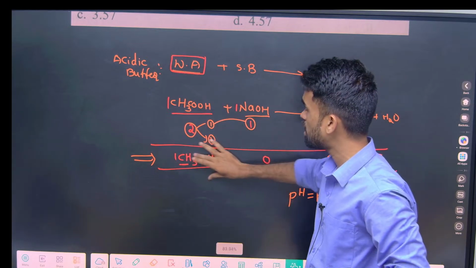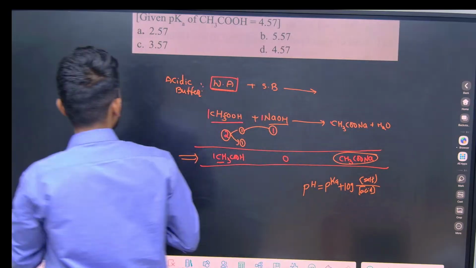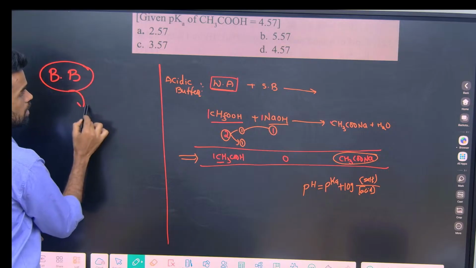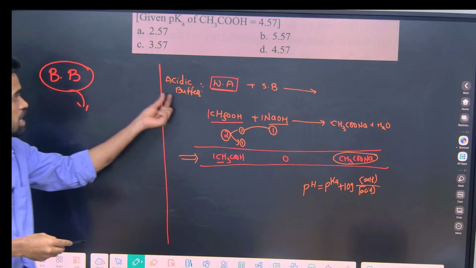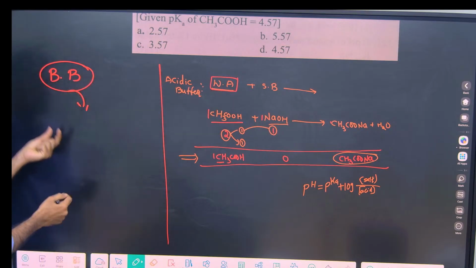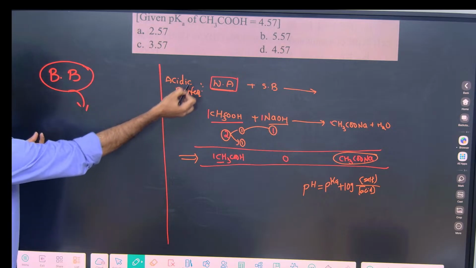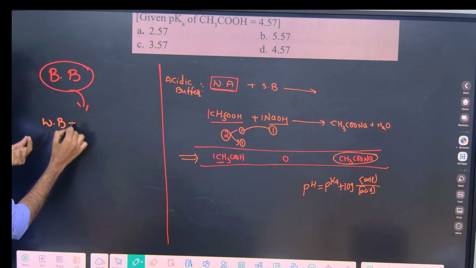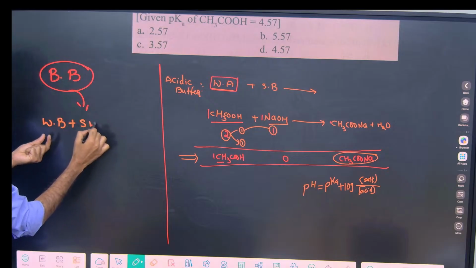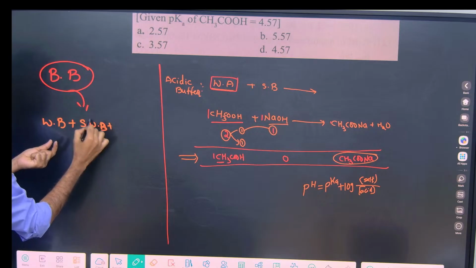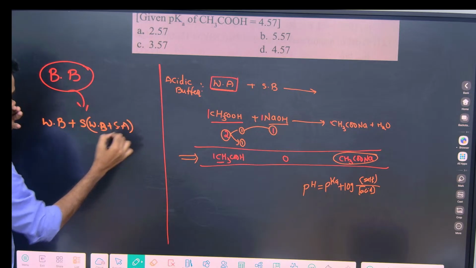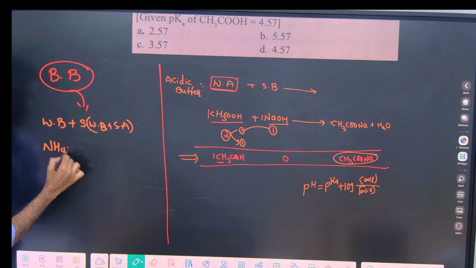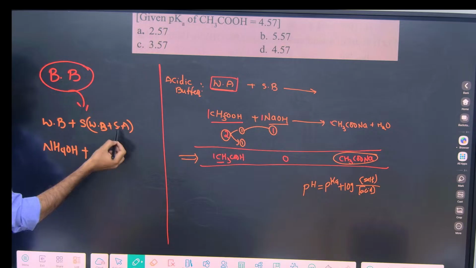In the same way, tell me what is the mixture for a basic buffer. For an acidic buffer we have this one. For a basic buffer it should be a weak base plus the salt of this weak base with a strong acid. Give an example: NH4OH plus HCl, which is a strong acid.